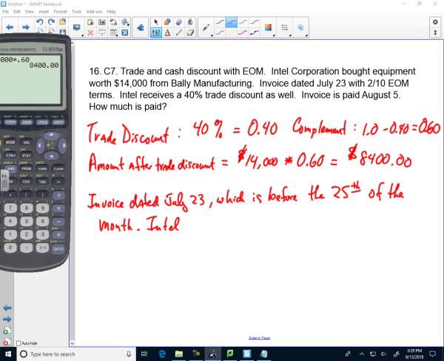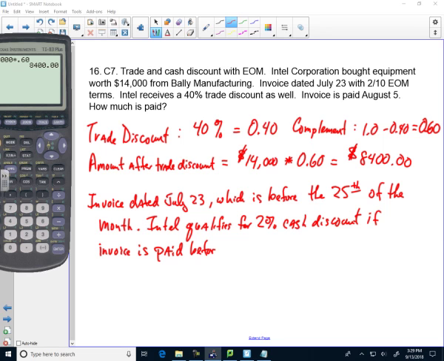Intel, how about qualifies for 2% cash discount if invoice is paid before the 10th of the following month.